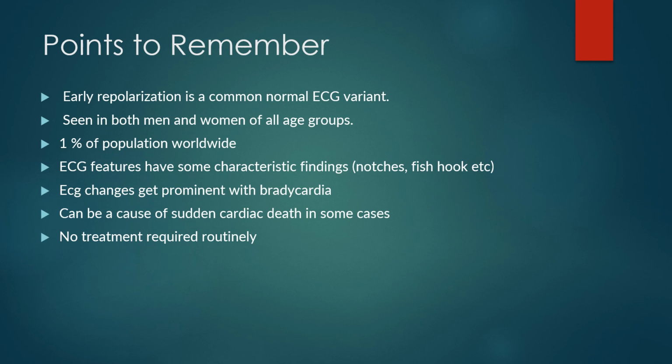This can be seen in females and males of all age groups, and 1% of the population worldwide is said to have this early repolarization pattern. The ECG features, although they mimic some of the other features, also have their characteristic findings, that are the notches and the fish hook appearance.